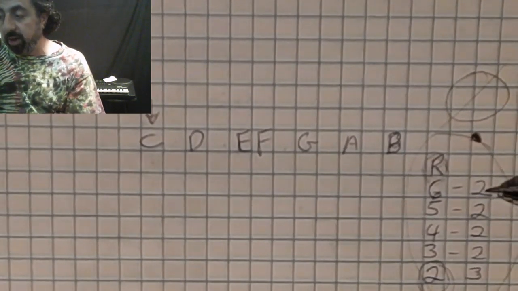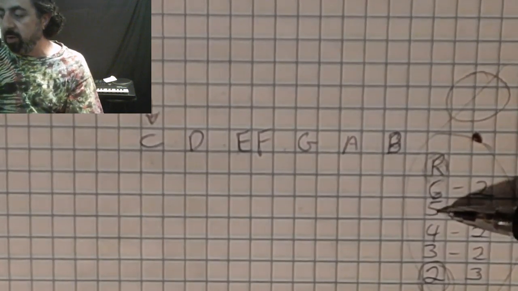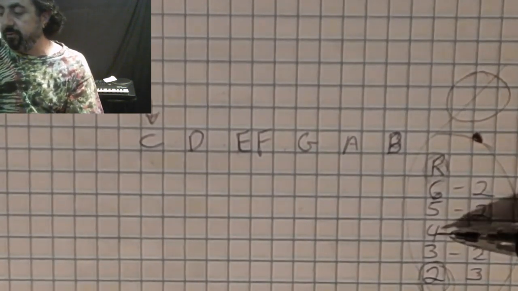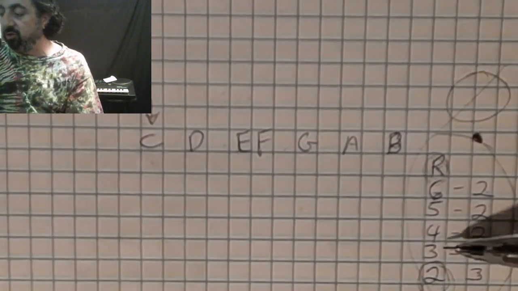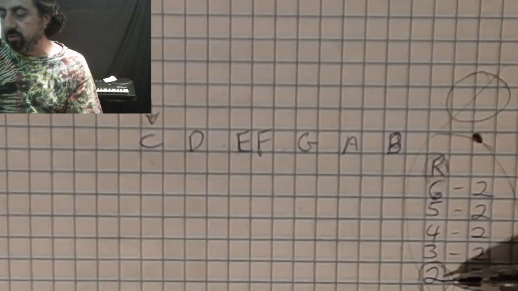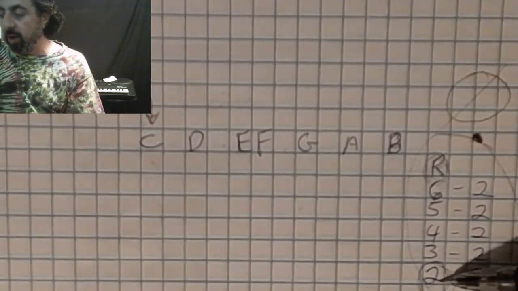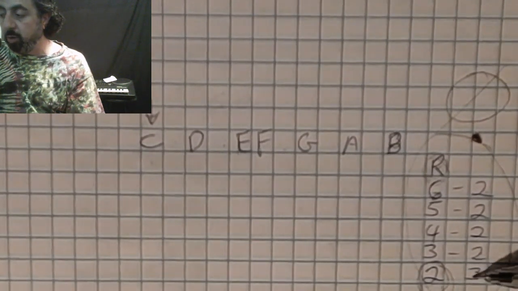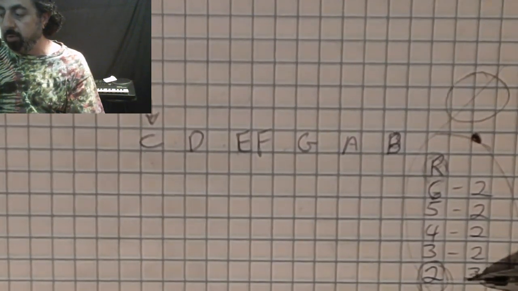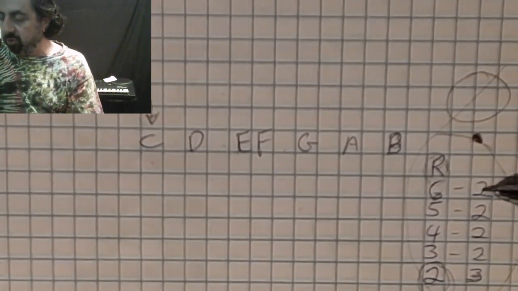There are 2 scales that will share 6 notes, 2 scales that will share 5 notes, 2 scales that will share 4 notes, 2 that will share 3 notes, and 3 that will share 2 notes. So interestingly enough, the most distant scales have the most amounts. There's 3 of them, and then everything else, there's 2 of them.